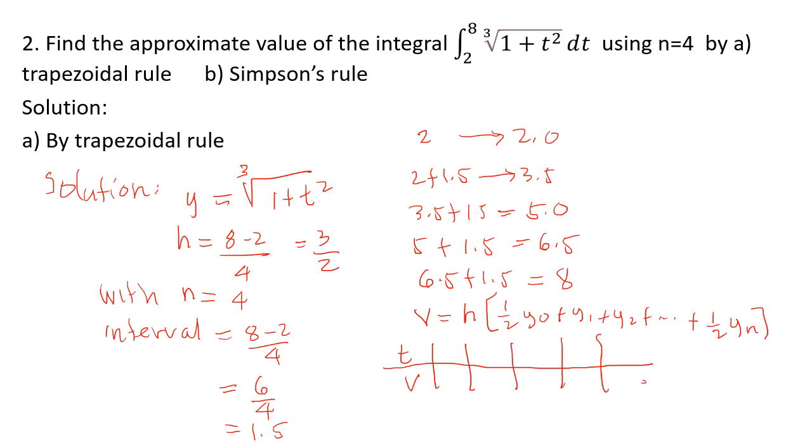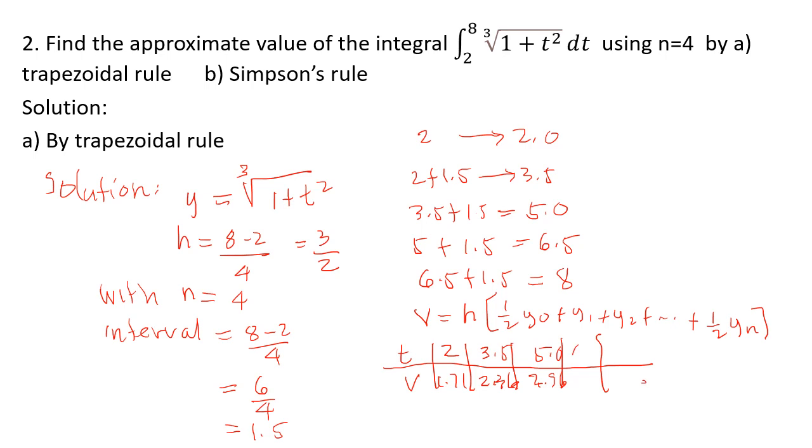When t equals 2, y or V equals 1.71. When t is 3.5, 2.36. When t is 5.0, 2.96.